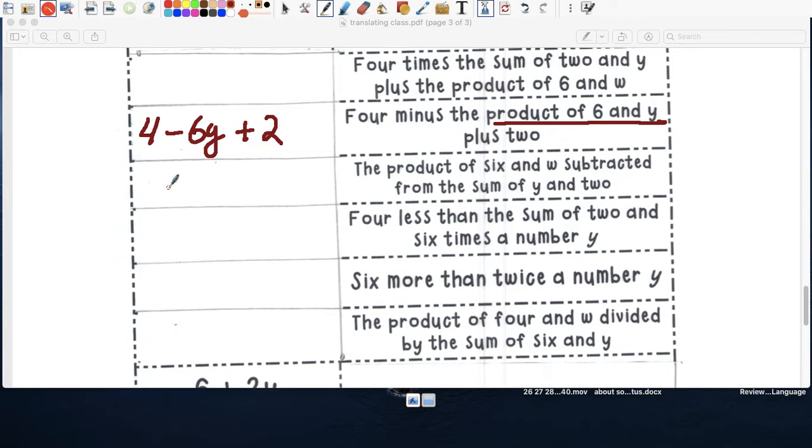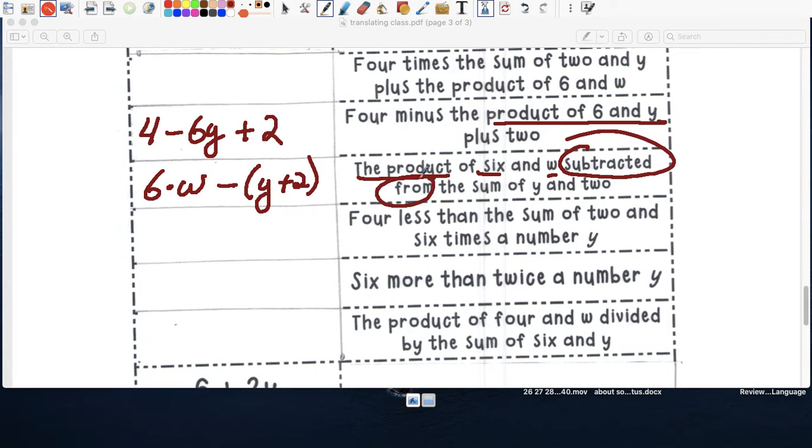The product, again, multiplication, the product of 6 and w, subtracted from the sum of y and 2. But because subtracted from is a turnaround, we're going to change that. y plus 2, and then minus 6w. So that's going to change.